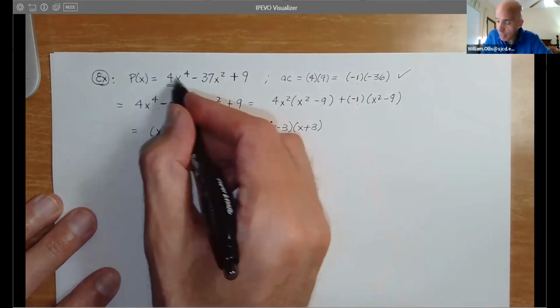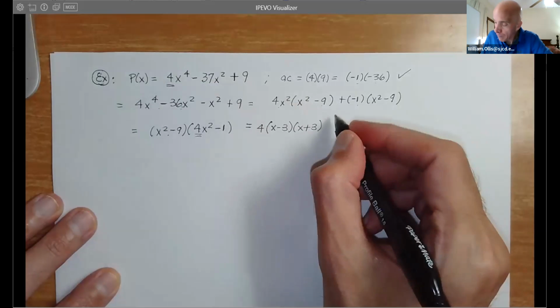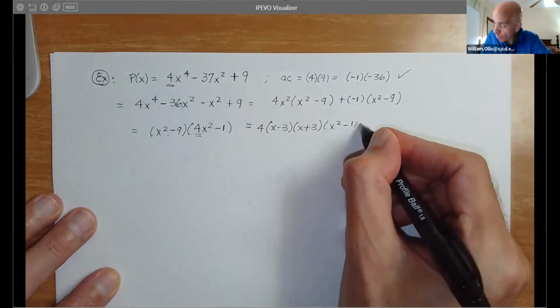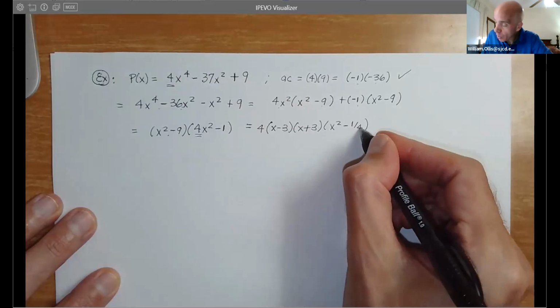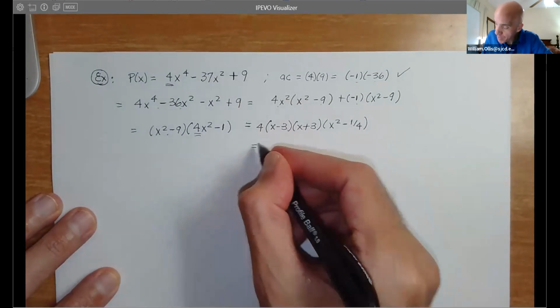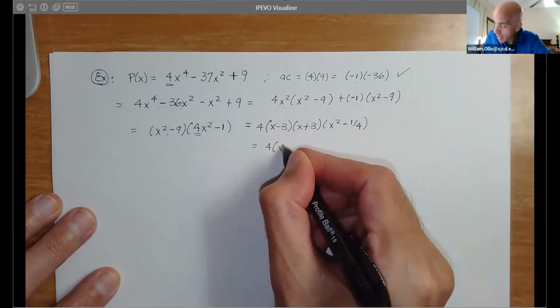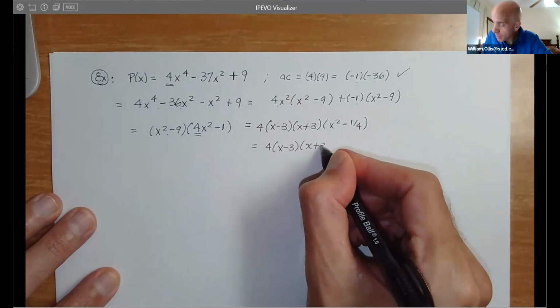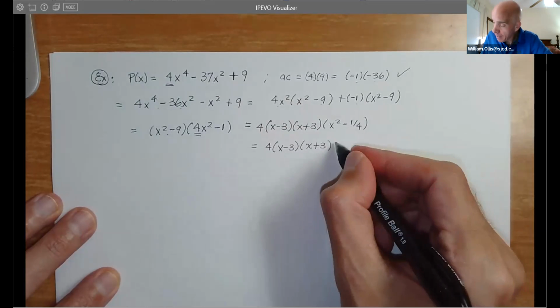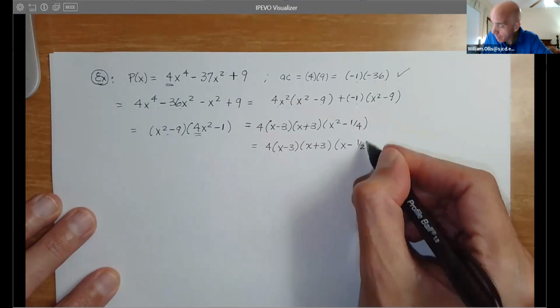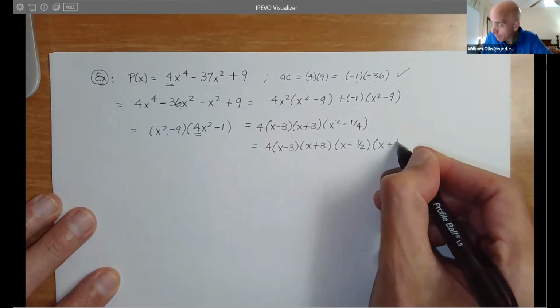That's clearly even by the even powers here. And then this will leave us an x squared minus 1/4, because if we factor the 4, we have to divide the 1 by 4. So we got 4 times x minus 3, x plus 3, and we have x minus square root of 1/4, which is 1/2, and then x plus 1/2.